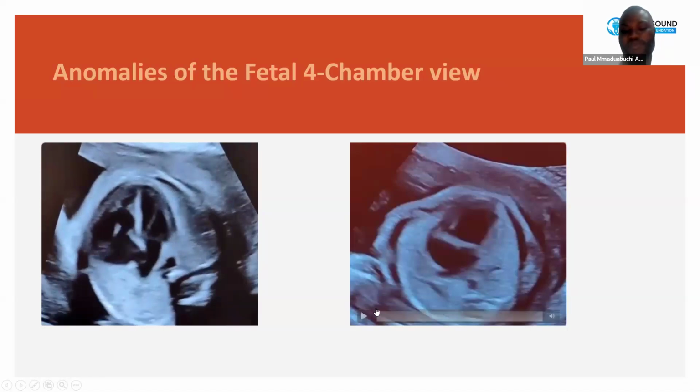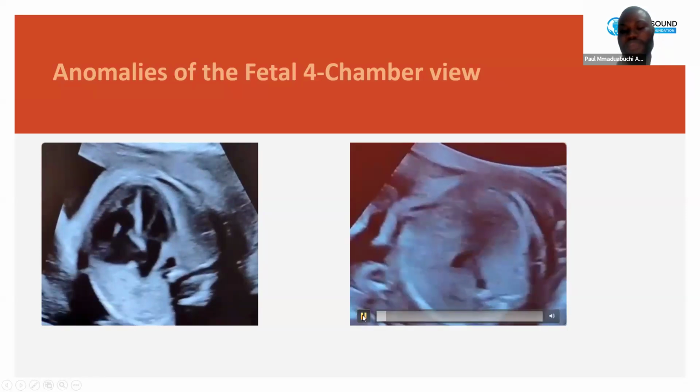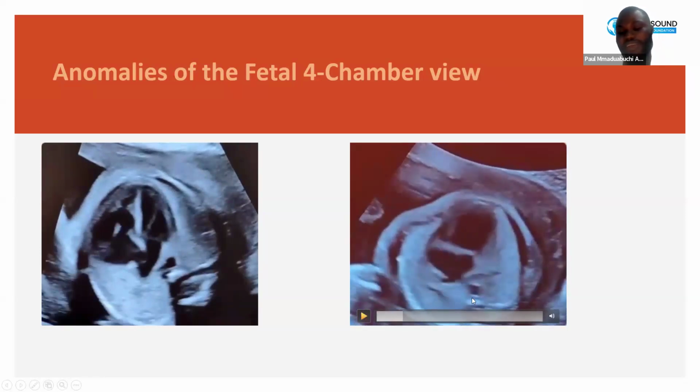And in this image, if you followed what I explained earlier on, you'll be able to know that this chamber here is the left, and this is your descending aorta. So this is the left atrium, and this is the left ventricle.